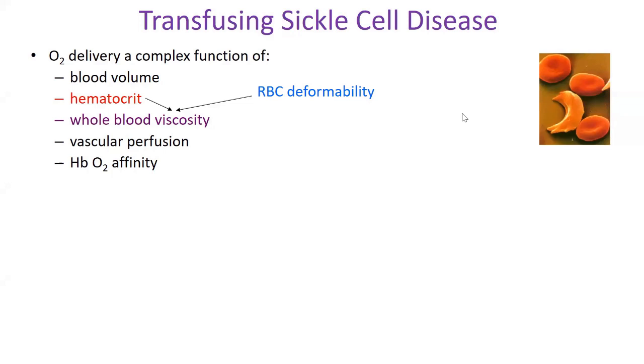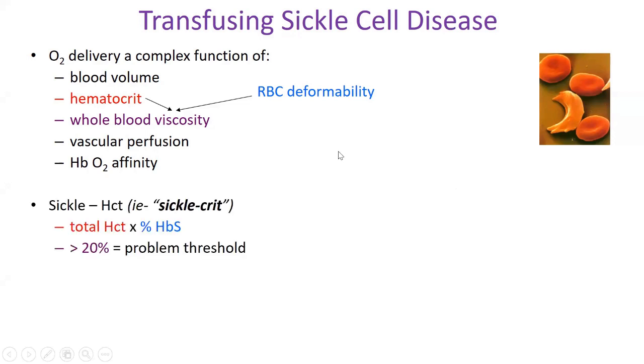If you are simply stacking on more hematocrit, normal hematocrit, on top of non-deformable, unexchanged red cell mass, you may increase whole blood viscosity and actually hijack vascular perfusion, no matter what the oxygen affinity situation may be. And so you may actually be decreasing tissue oxygen delivery, paradoxically.